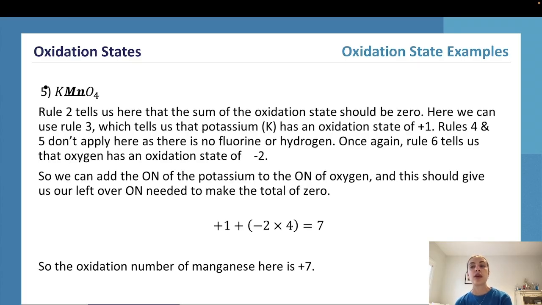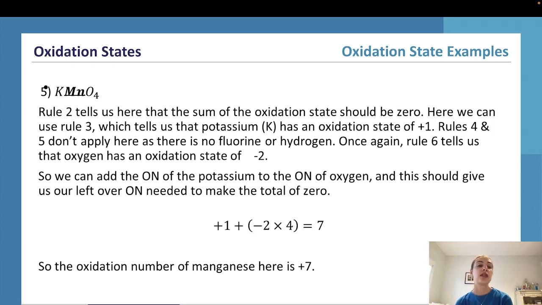So if we go through the oxidation states for the entire molecule, the oxidation state for the molecule as a whole, for the entire potassium manganate, is going to be 0. The oxidation state for potassium is going to be +1. The oxidation state for the manganese is +7.